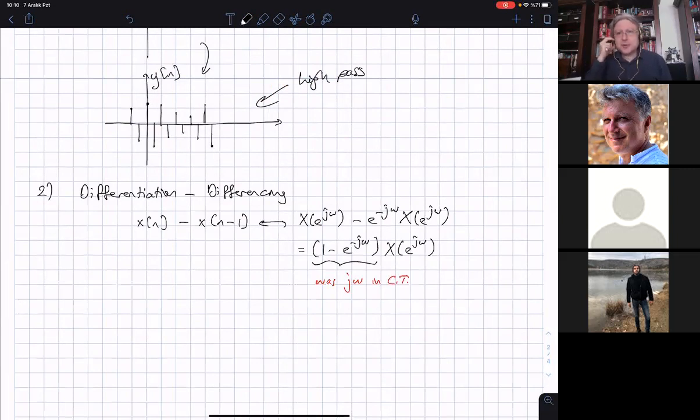For those of you who are curious, just try to plot this using MATLAB or any other tool you may have. Please try to plot this 1 minus e to the minus j omega. Of course, it's complex, so don't plot itself, but plot the magnitude of this complex entity, for omega between minus pi over 4 and plus pi over 4.